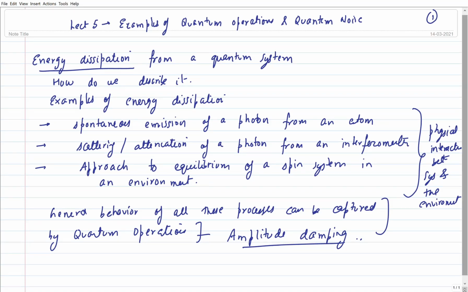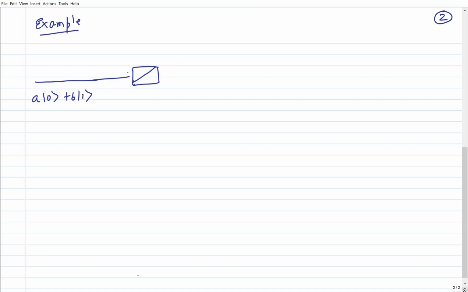So as an example, consider a photon going in an interferometer, and this is the state of the photon, and I model the environmental interaction with a beam splitter. This is my beam splitter.